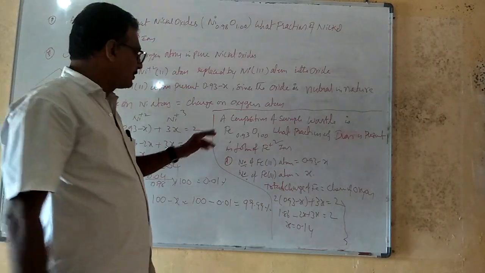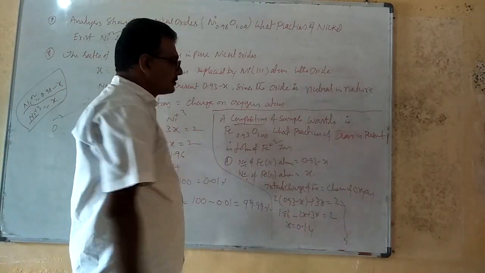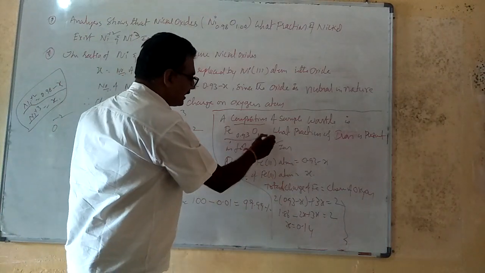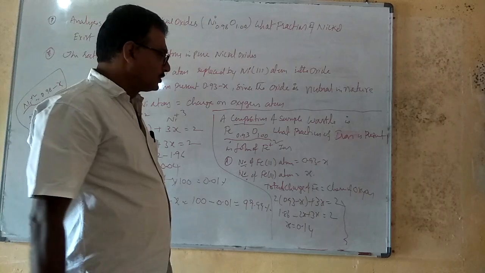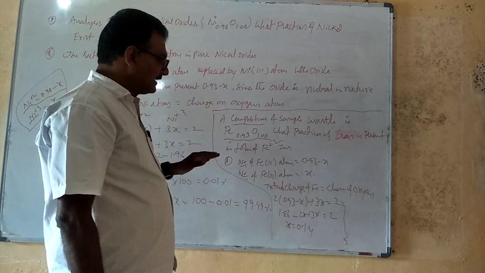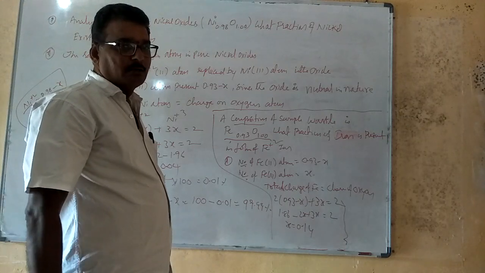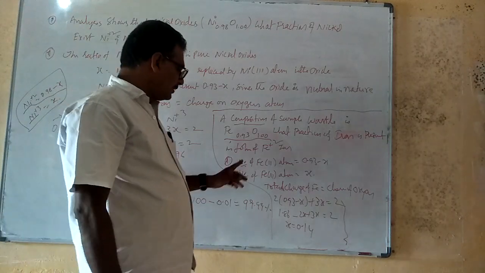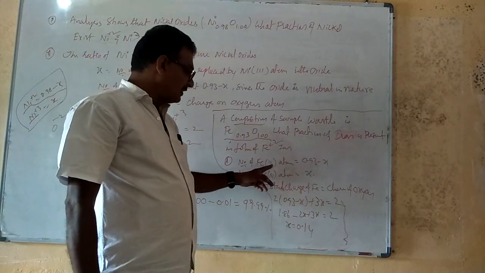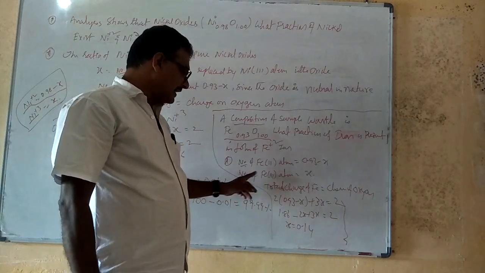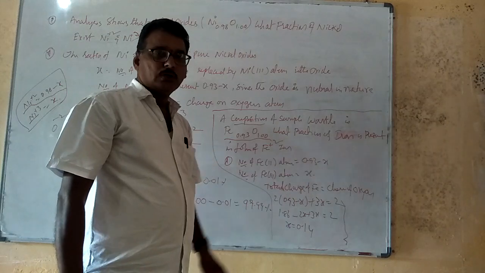Okay, next one, second problem. A sample of crystal has composition Fe 0.93 and oxygen 1.00. What fraction of iron is present in the form of Fe2+ ion? Here the number of Fe2+ atoms is 0.93 minus x, and the number of Fe3+ atoms is x.